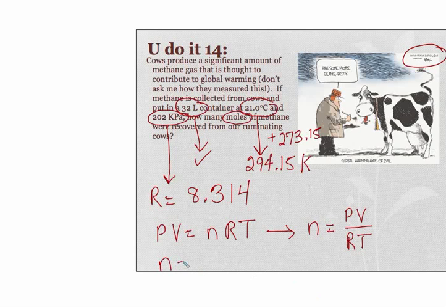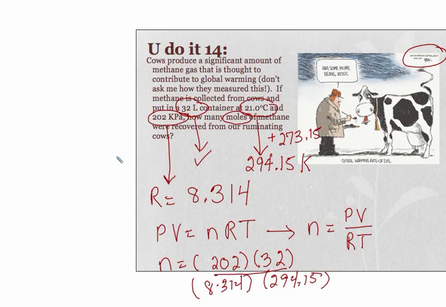And so that means my moles are going to be, just plugging in at this point, 202 times my volume, which is 32, over 8.314 times 294.15. Sorry, it's getting a little messy down on the bottom here. Now, when I do this mathematics, my moles are equal to 2.643.